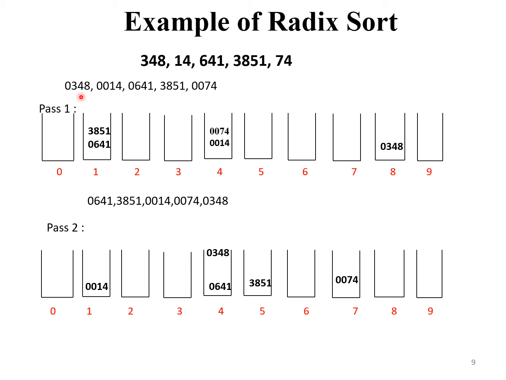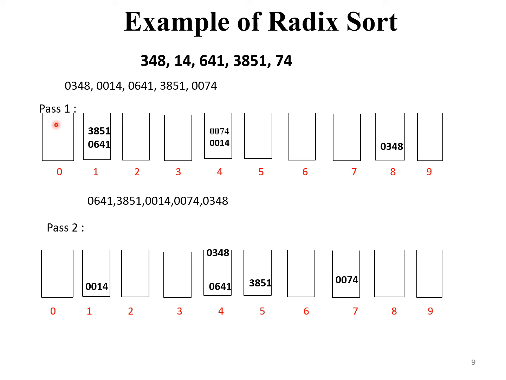This element contains 3 digits, that's why we put one 0 on the left side. Next is 14. This element contains 2 digits, that's why we put 2 zeros. Here also 3 digits, that's why we put 1 zero on the left side. Now the next number is 74. This number contains 2 digits, that's why we put 2 zeros on the left side.